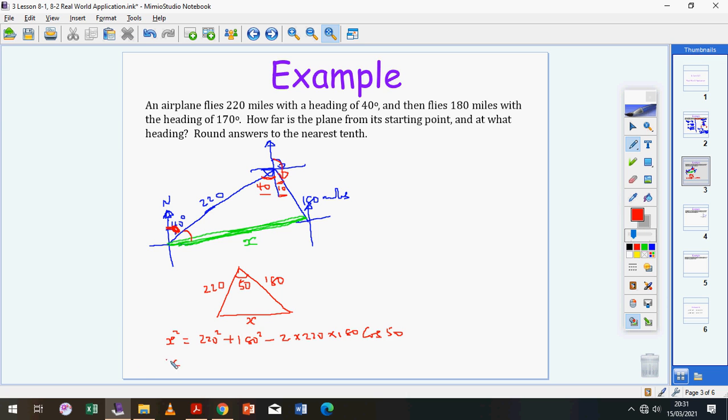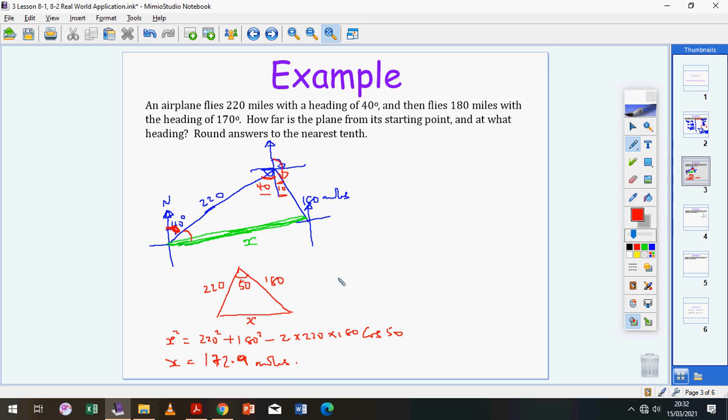So plug all of that into a calculator and take the square root: 220 squared, 180 squared, minus 2 times 220 times 180 times cosine 50. So I get 172.8 or 0.9. I said nearest tenth, so 172.9 feet. Is it feet? Miles.